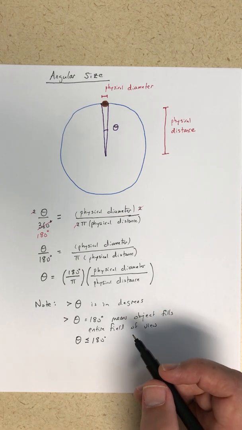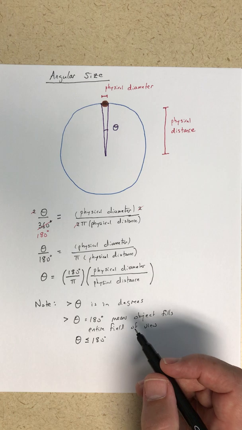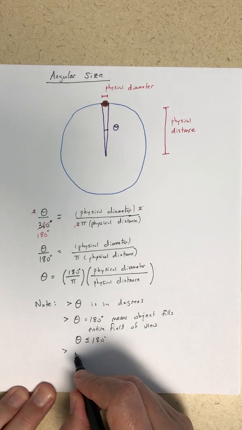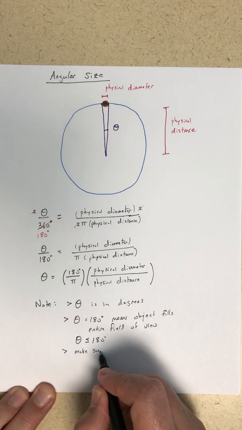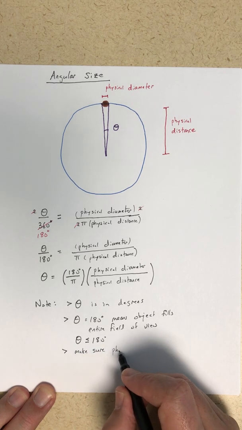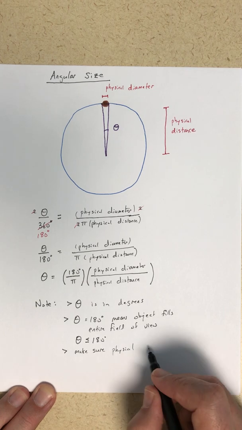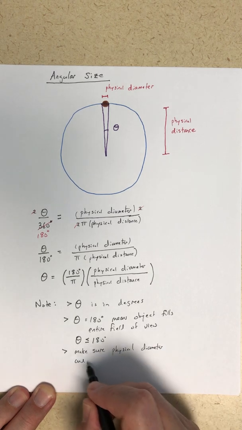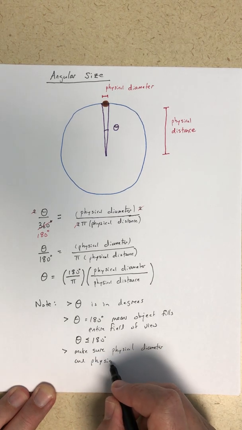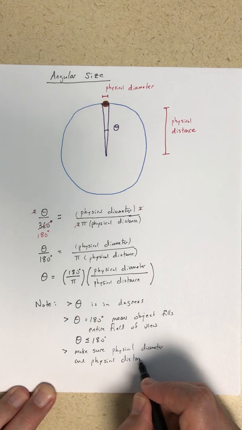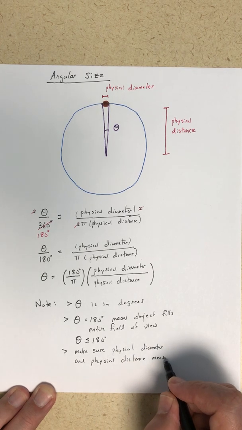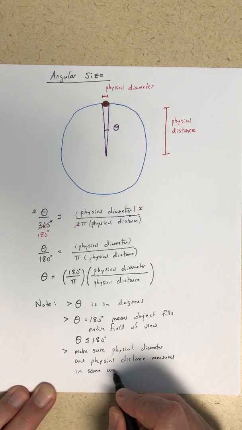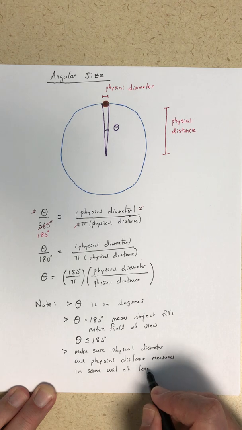The other thing to note is you want to make sure your physical diameter and physical distance are measured in the same unit of length.